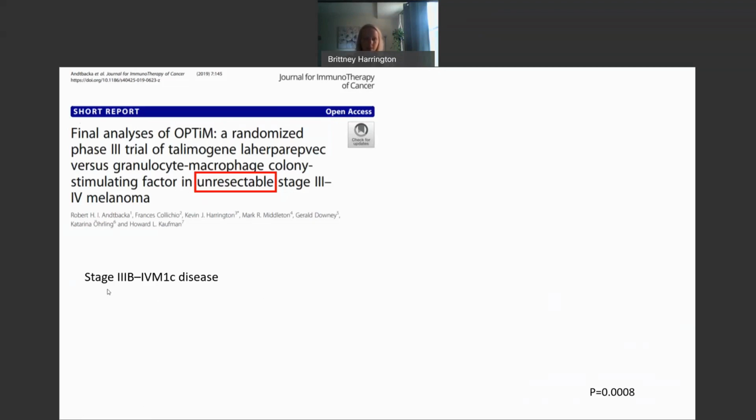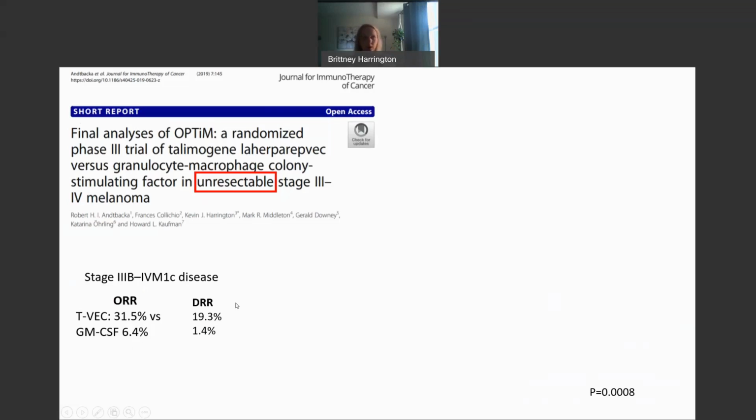So in this stage 3B to stage 4 metastatic disease, they demonstrated that treatment with TVEC, compared to treatment with the inserted gene product, GM-CSF on its own without being released by the virus, got an ORR, overall response rate, of 31% in these very late stage patients, compared to 6.4% with just the GM-CSF.